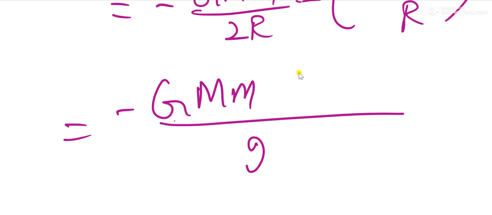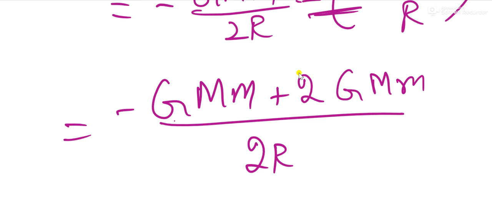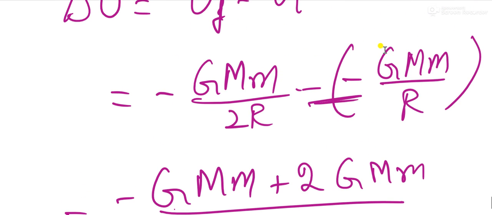So the next step: minus G M m divided by the common LCM 2R, and this becomes plus because minus minus is plus, 2 times GMm. Why 2? Because the denominators are not the same; to bring the same denominator you multiply by a common number.